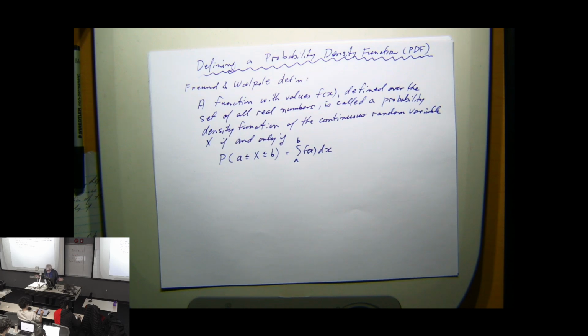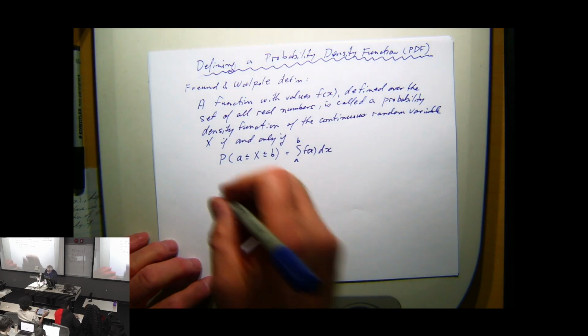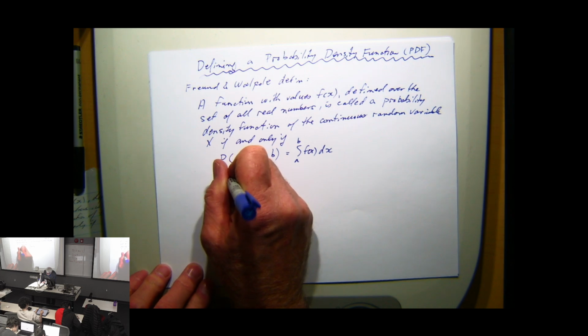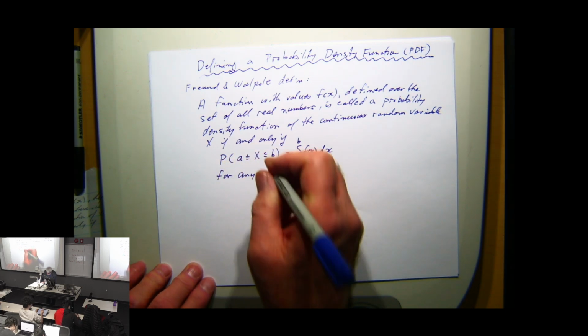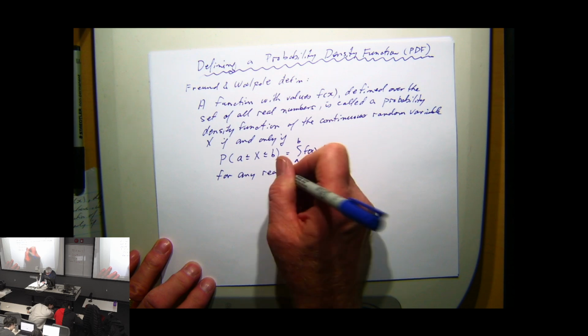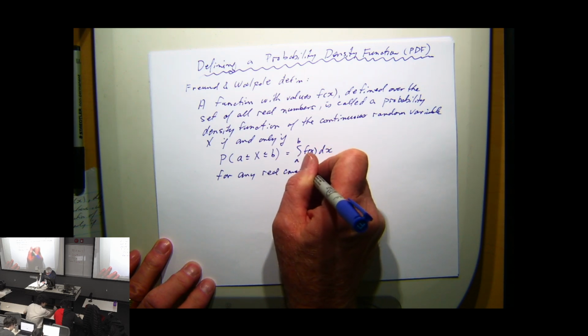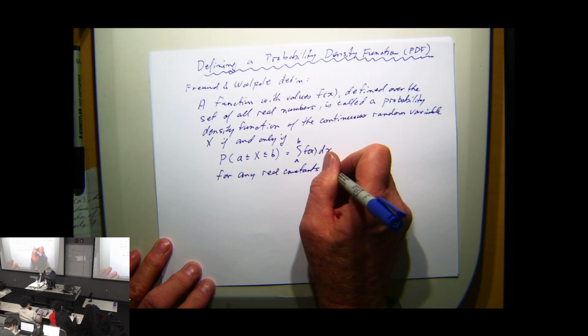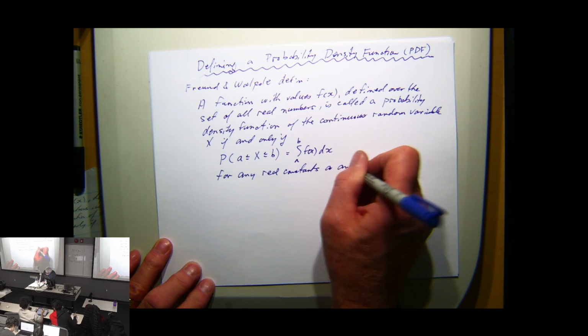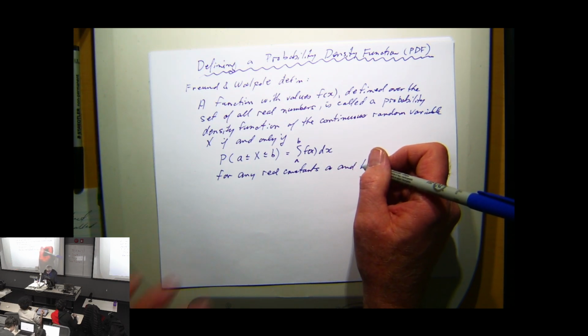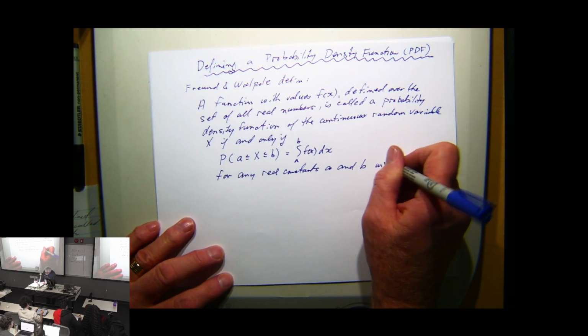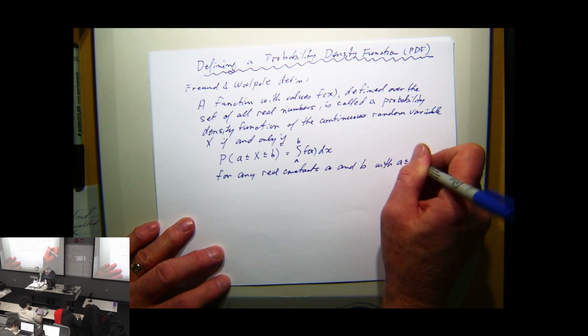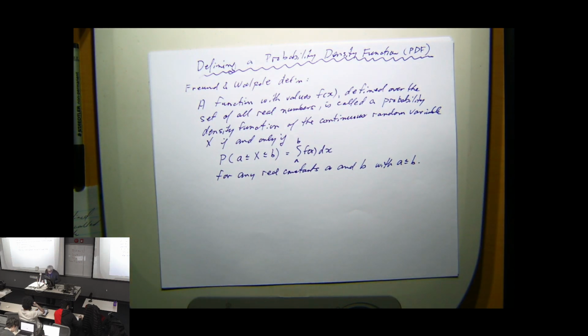It's going to give us something, for any real constants a and b, with a less than or equal to b. Okay, so that's a mathematical definition.